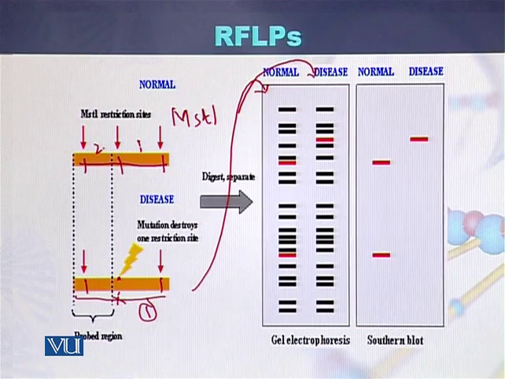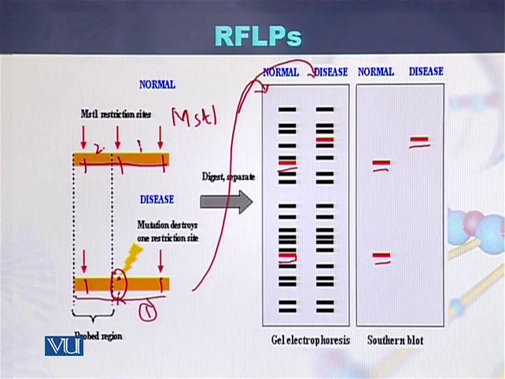Here we can see that when we run the DNA on the gel, there are two fragments, fragment 1 and fragment 2. That is also shown here, fragment 1 and fragment 2 in the normal individual. While in the individual who has developed a disease, due to the mutation, the site which was present in the middle has been destroyed, so there will be only a single band.